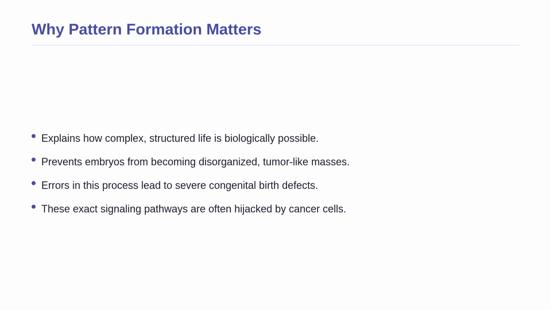In real-world medicine, errors in pattern formation lead to severe congenital birth defects, such as missing limbs or organs developing on the wrong side of the body. Furthermore, the exact same signaling pathways are often hijacked by cancer cells to spread, making this knowledge vital for oncology and regenerative medicine.